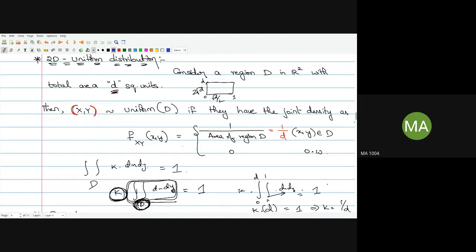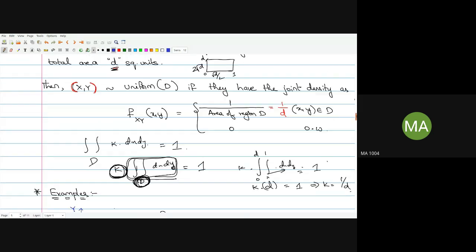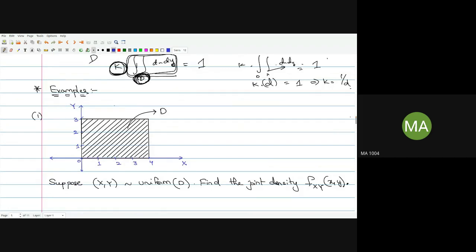You have to compute the area of that particular support region, then the joint density will be 1 by the area of the region. But every time you have to be very careful, in the activity questions or practice or anywhere, that there will always be a third axis which represents fxy.